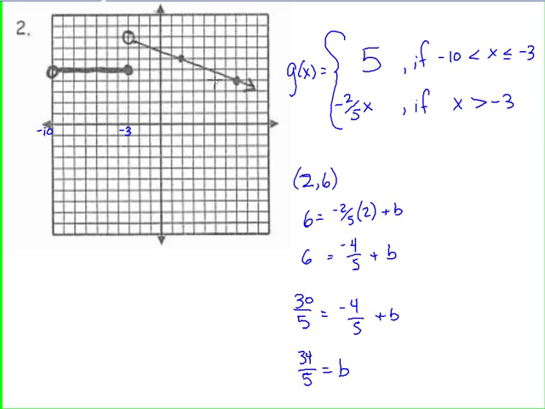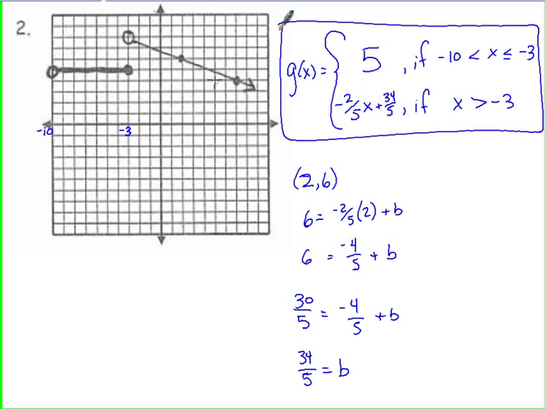What I got for my y-intercept is 34/5, which would be 6 4/5. So let's double check, make sure that makes sense. 1, 2, 3, 4, 5, 6 4/5. Okay, I can buy that. So we're going to say we're adding 34/5. Alright, and that would be the piecewise function that describes that graph.